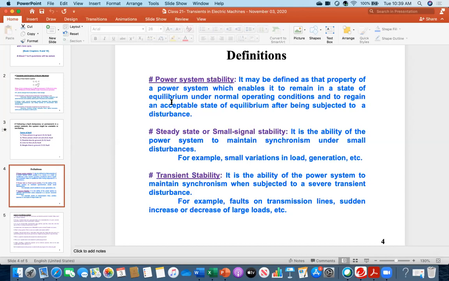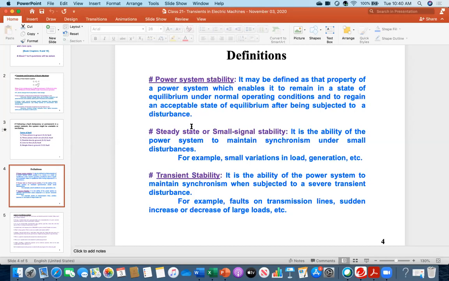Although that is the ideal, never in real practice will it be zero. Always there will be a little positive or little negative value, but you assume momentarily that is the meaning of state of equilibrium. And to regain an acceptable state of equilibrium after being subjected to a disturbance.